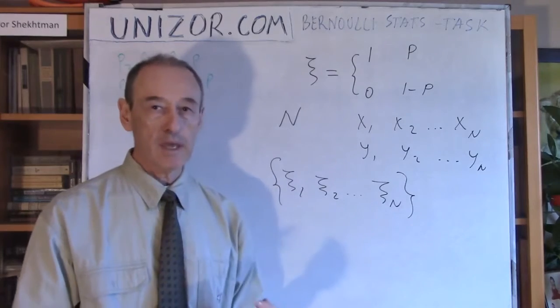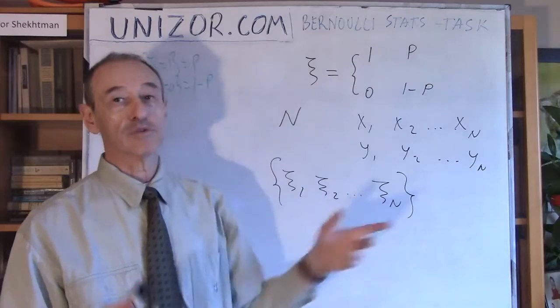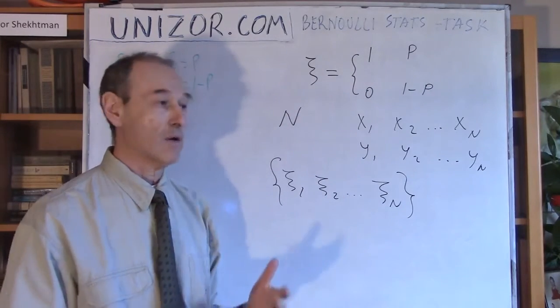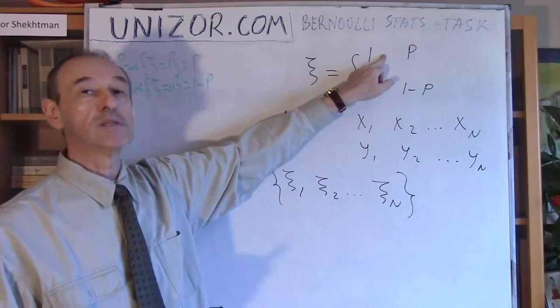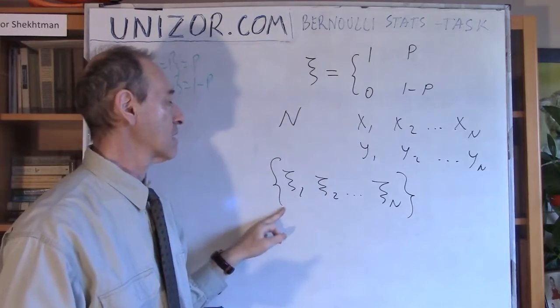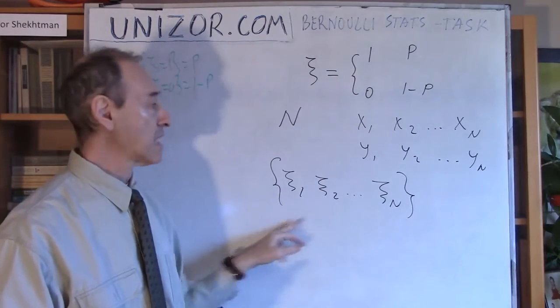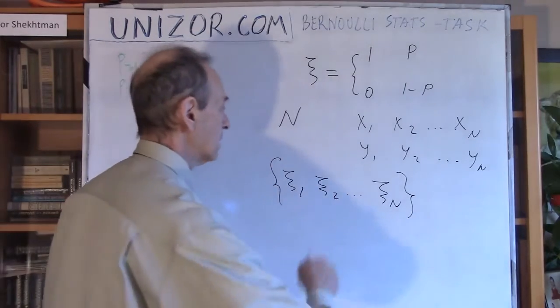Now the typical way, as I was saying before, since we are evaluating the probability, is to evaluate the frequency of occurrence of this particular event. Now, what is the frequency of occurrence, let's say, of c equal to 1 in this series of ones and zeros? Well, that's the sum of these, because the sum of these is actually the number of ones, divided by the number of experiments.